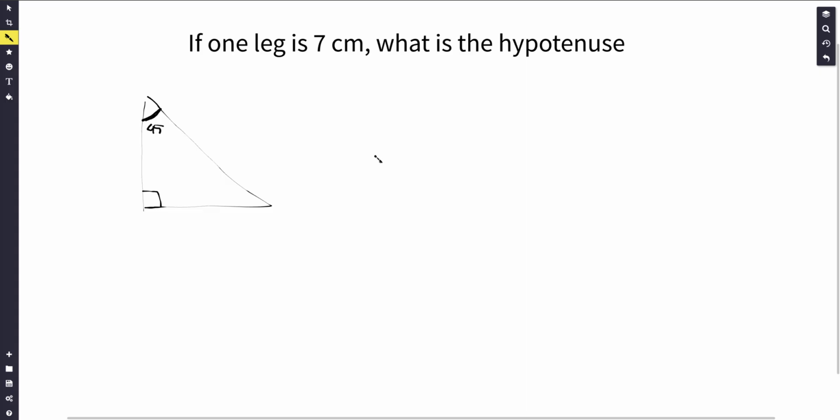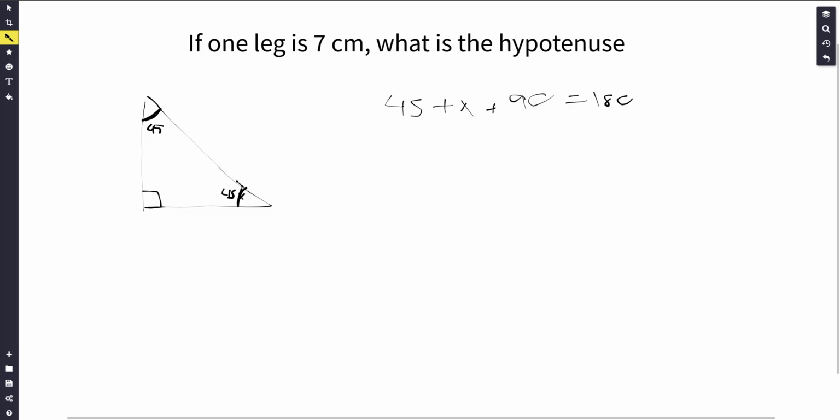Okay, so what I like to do first is write down, okay, we have 45 and we have a 90. So 45 plus something, this angle we'll write as x, plus 90 equals 180. Well, we know if we see a 45 and a 90, that makes me assume that right here is a 45.